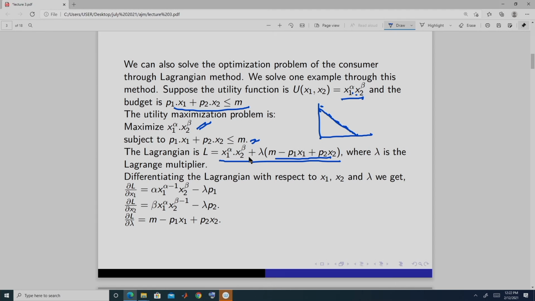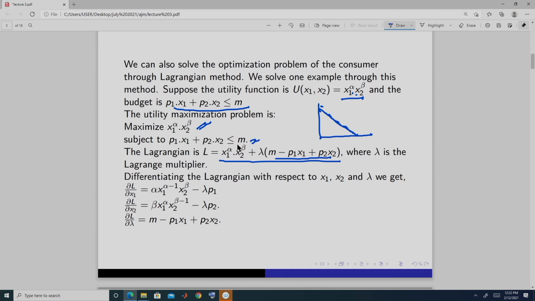While solving this maximization problem, we are maximizing this part and trying to minimize this part. Because when we choose a bundle, we want it to give maximum utility, and at the same time the expenditure should be minimum. Then only the constraint is satisfied.